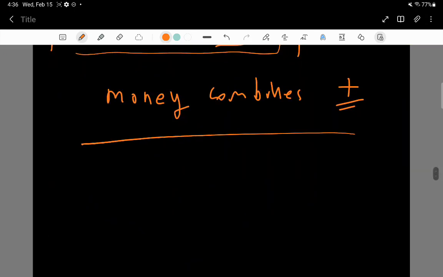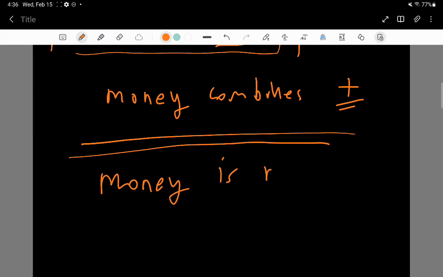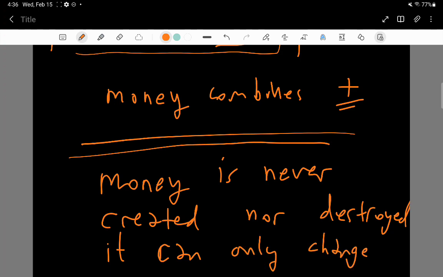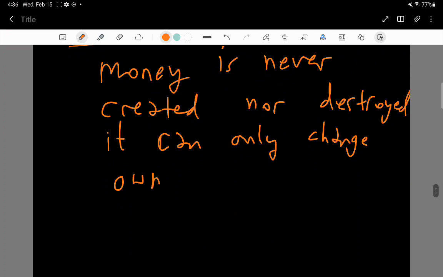And the way that you say that is money is never created nor destroyed. It can only change ownership.